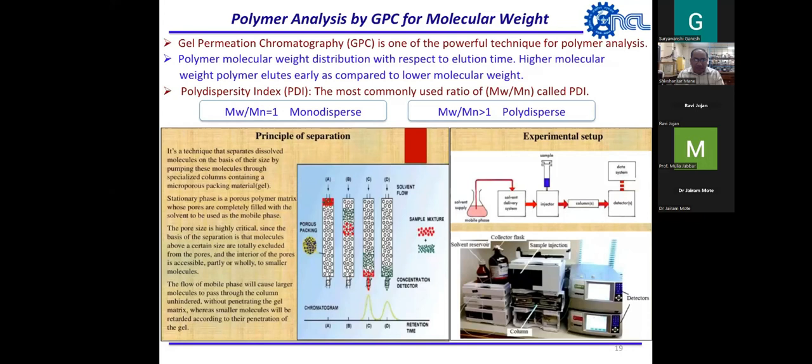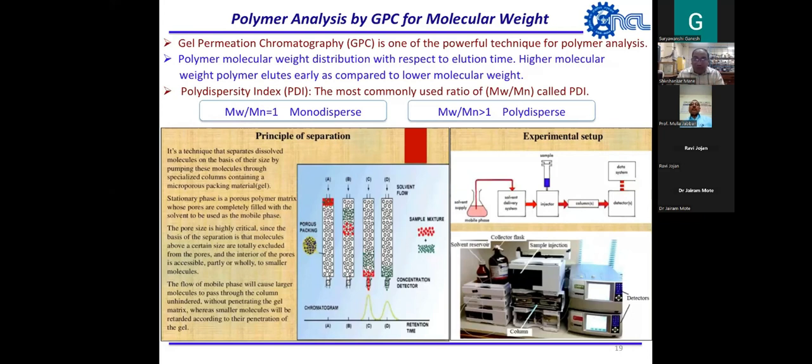Before that, I just want to introduce one concept, polydispersity index. Polydispersity index is the ratio between weight average molecular weight and number average molecular weight. If this ratio is 1, then the polymer is called monodisperse. Mother Nature provides polydispersity of 1.